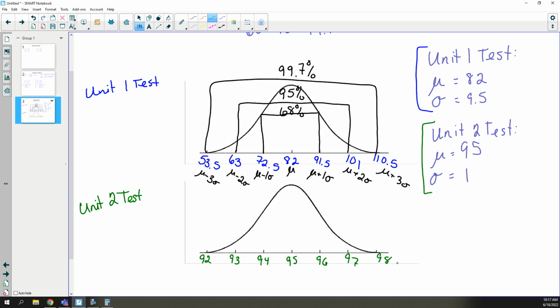Now, if you look at the Unit 1 test versus the Unit 2 test, the percentages are the same. But what's different is the boundaries between them. So here, if we have our mean in the center, and then we go from -1 to +1 standard deviation, we can say that 68% of the class scored between a 94 and a 96.